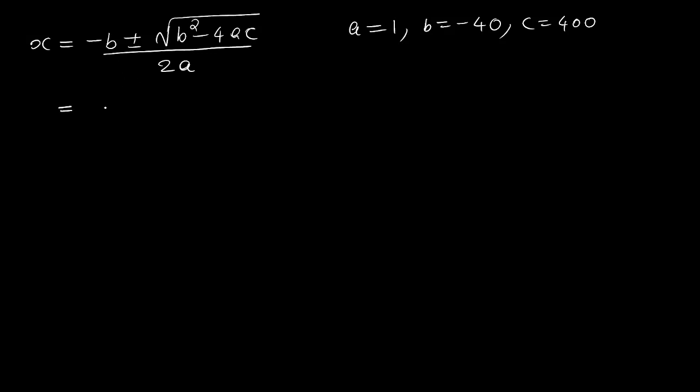So minus b will be minus of minus 40. The root is 0, as I have already found b square minus 4ac as 0. Divide by 2a, 2 into 1. Minus of minus 40 will be 40, by 2 will be 2.